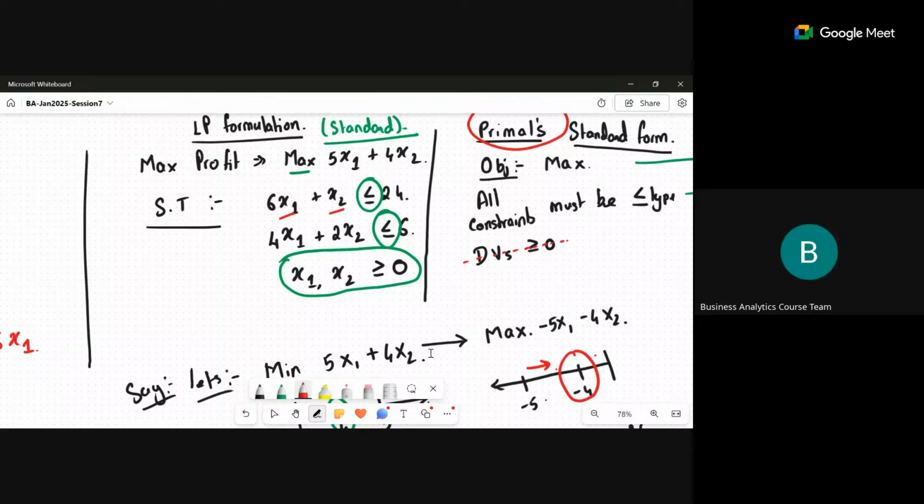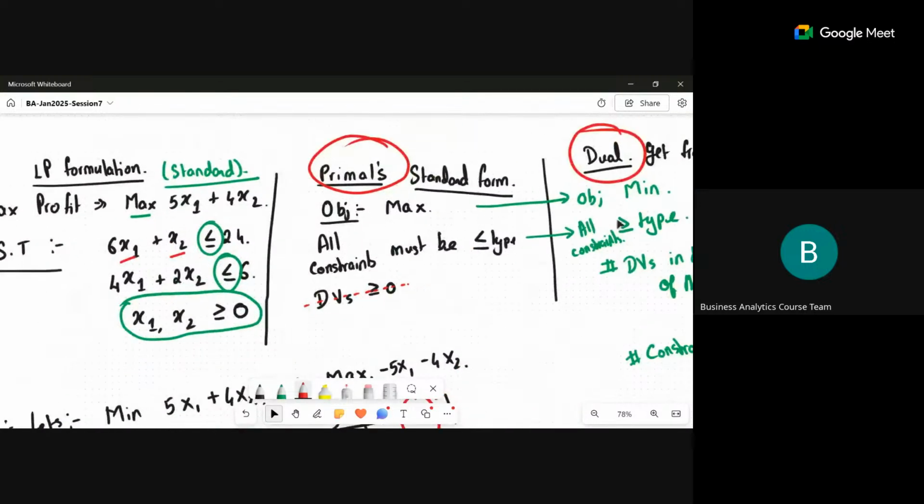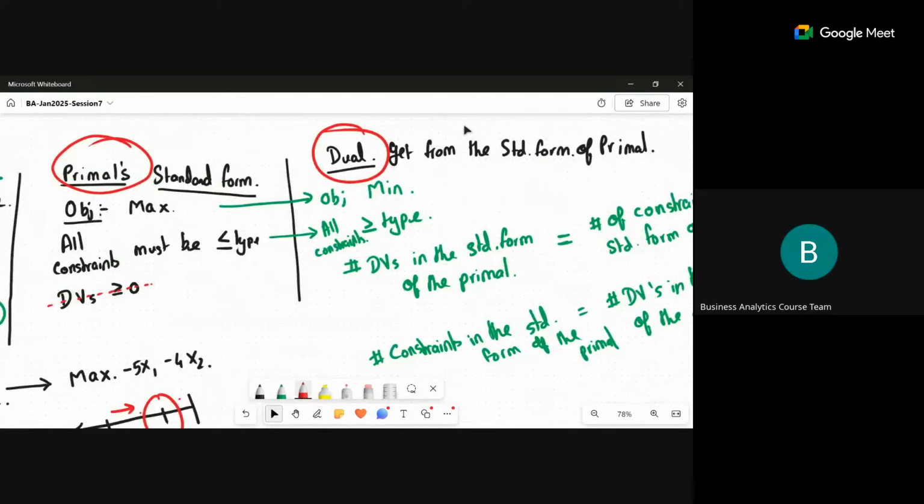If in the same problem, instead of the toy manufacturer, we talk about the resource, let's say a raw material supplier supplying R1 and R2, and he is asking what should be the price of R1 and the price of R2, then the dual formulation that you just created becomes the primal, and the dual of the dual, which is the current primal, becomes the dual.